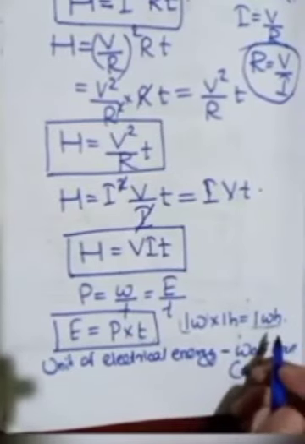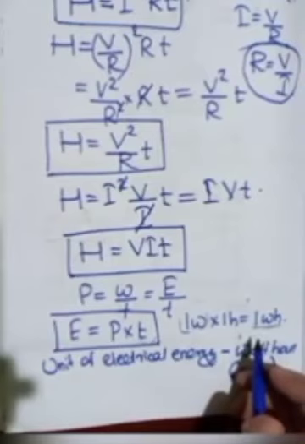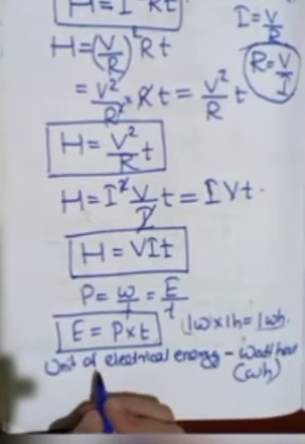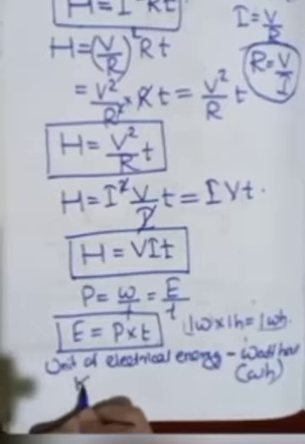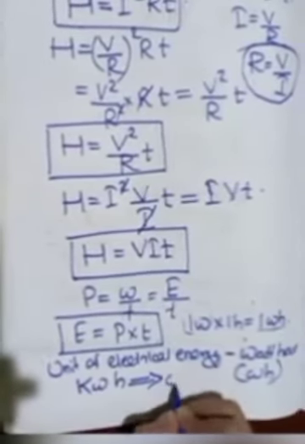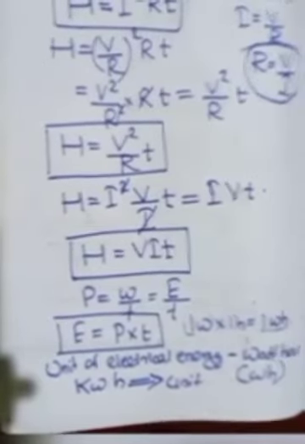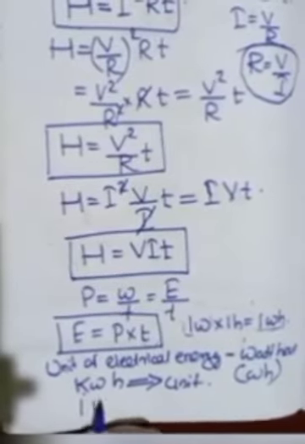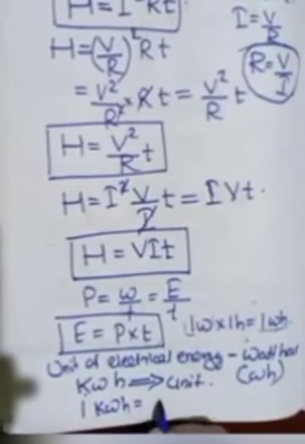What is the commercial unit of electrical energy? In the electricity bill at your home, you can see how much kilowatt hour of energy is used. The commercial unit of electrical energy is kilowatt hour, which we commonly call a unit. 1 kilowatt hour is equal to 1 unit.